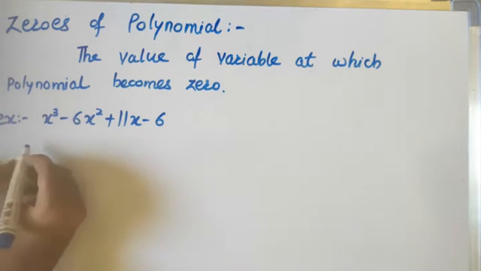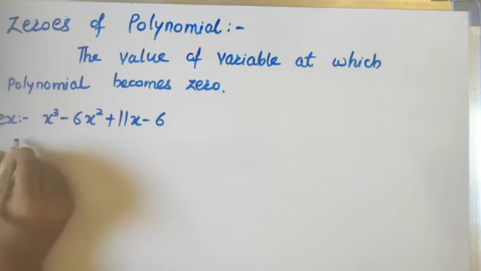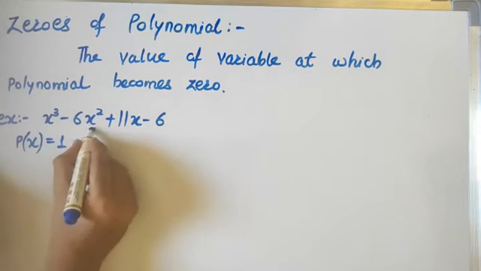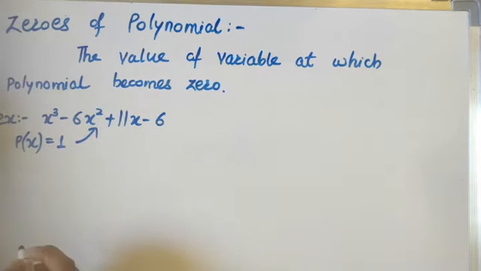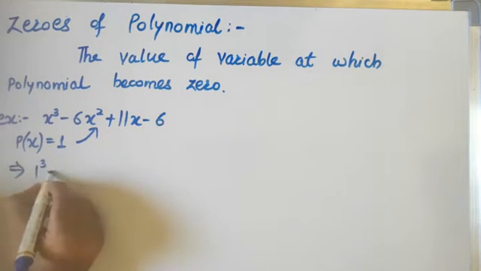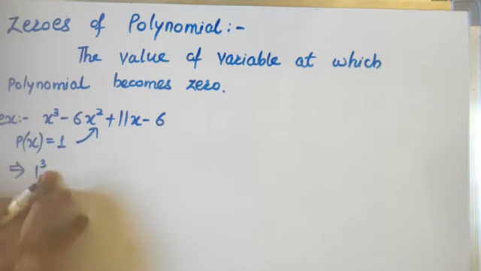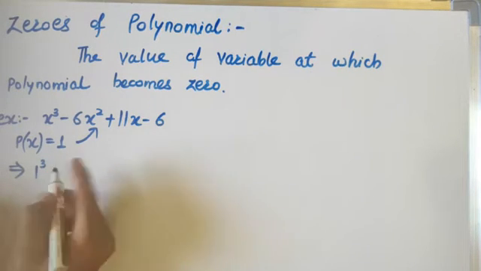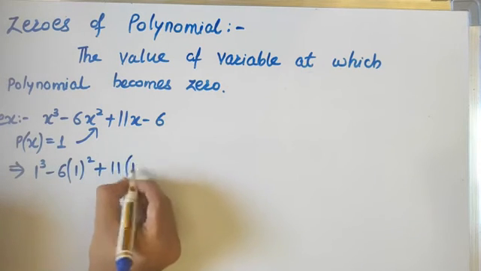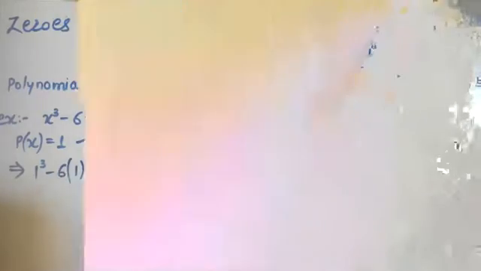So let us put p of x equal to 1 in this equation. So what will happen? 1 cube minus 6 times 1 square plus 11 into 1 minus 6, that is 1 minus 6 plus 11 minus 6.